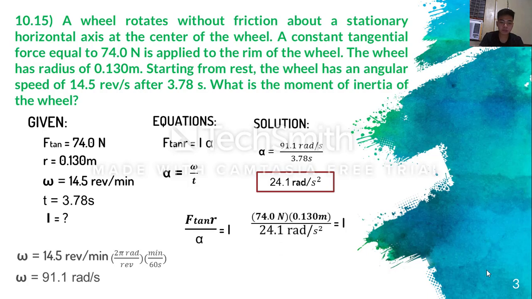Now we just need to substitute 74 newtons times 0.13 meter all over 24.1 rad per second squared, which will give us a value of 40 kilogram meter squared. That is now our moment of inertia. We can also solve for this in a different kind of solution, wherein you will get the inertia through mr squared, but it's kind of long, so this is the best and the shortest possible way to answer this.